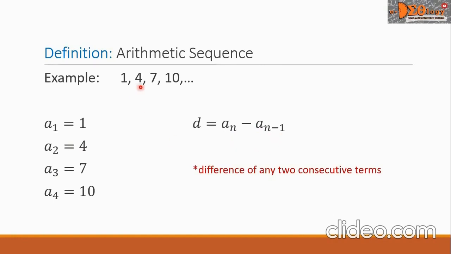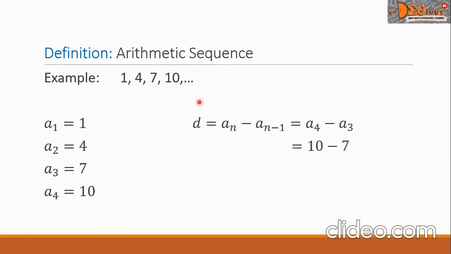So it's like a sub 2 minus a sub 1, or a sub 3 minus a sub 2, or it can be a sub 4 minus a sub 3, and the difference must be common. As an example, a sub 4 minus a sub 3 is 10 minus 7, and the answer is 3.